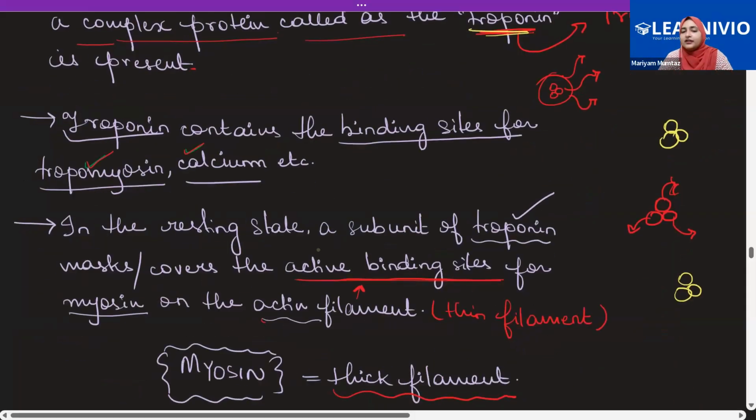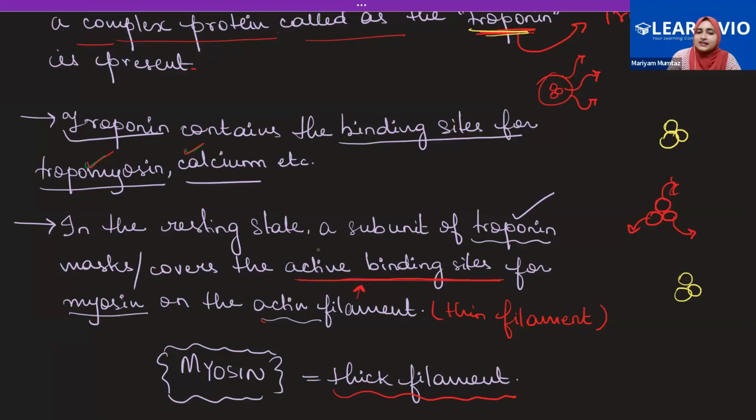Whenever the troponin is resting, whenever the muscle is not contracting, the troponin, that trimeric protein, will be covering or masking the binding site for myosin. For example, if this is the actin filament, here there is the presence of a binding site.